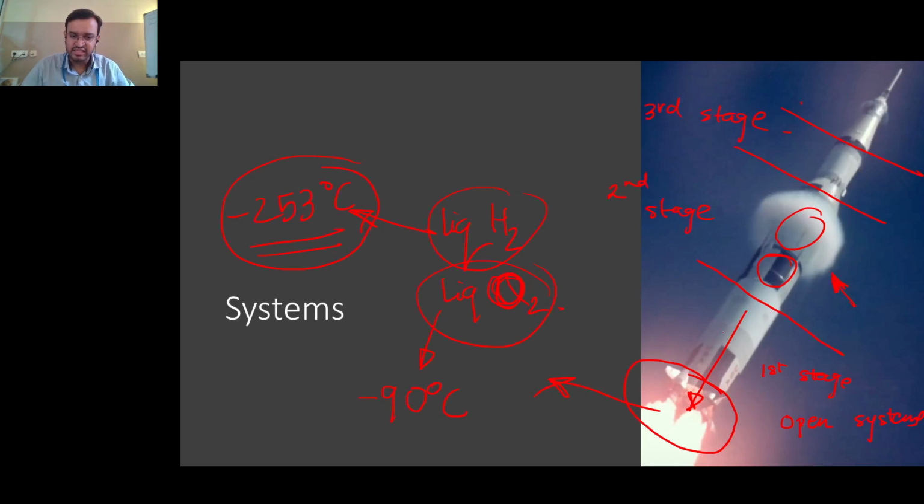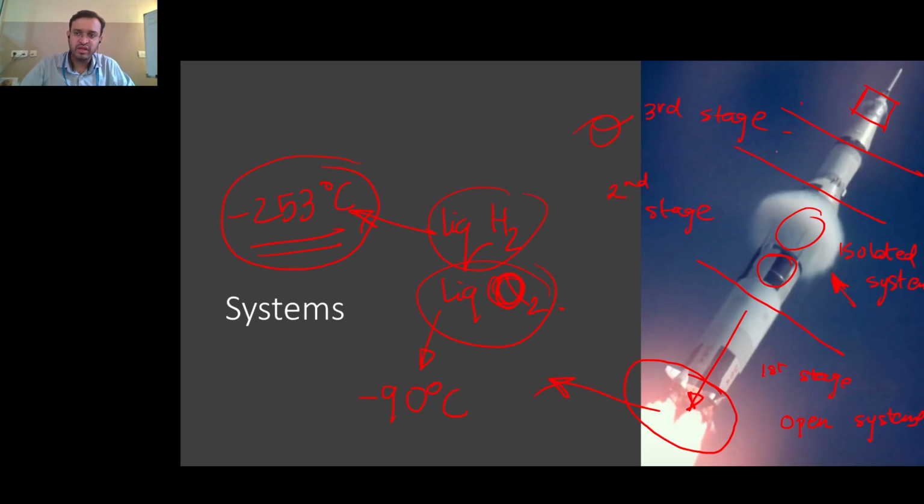So this is an example of an isolated system. Same thing for the third stage. So here you can see in this example, you have got an open system and an isolated system.